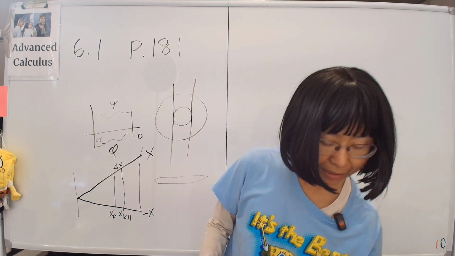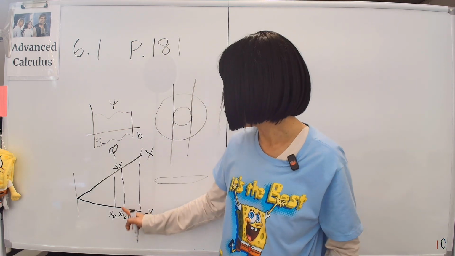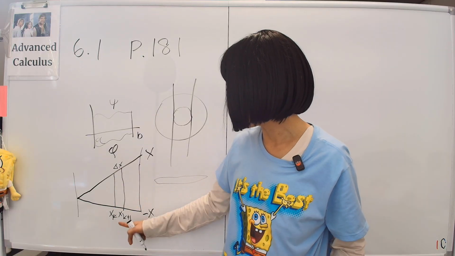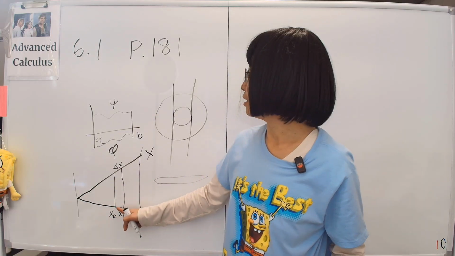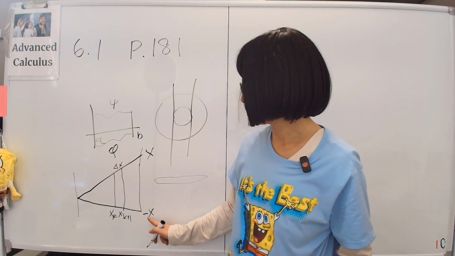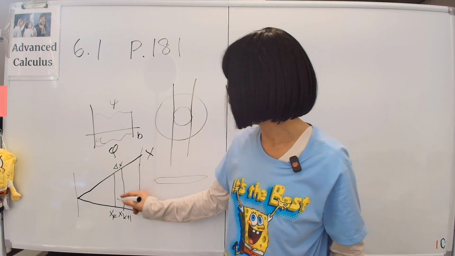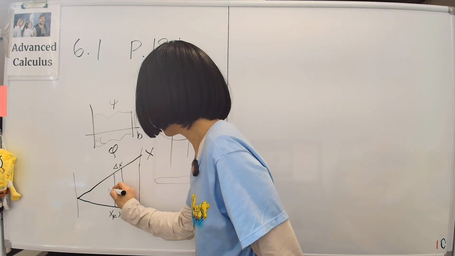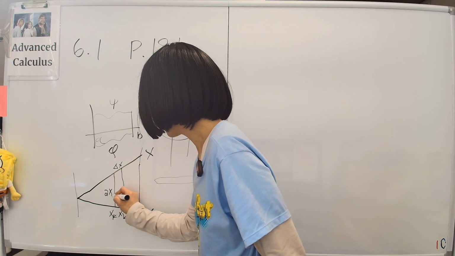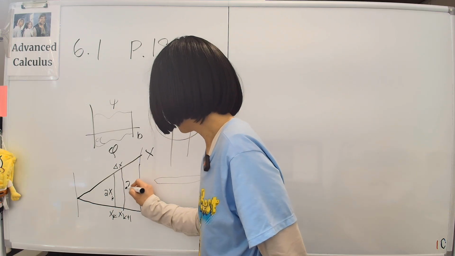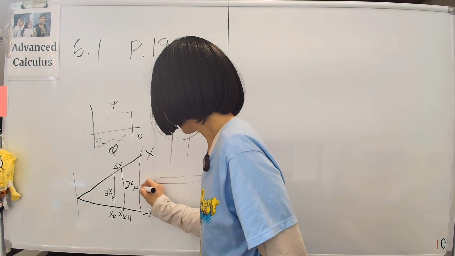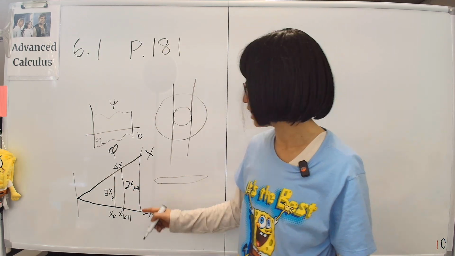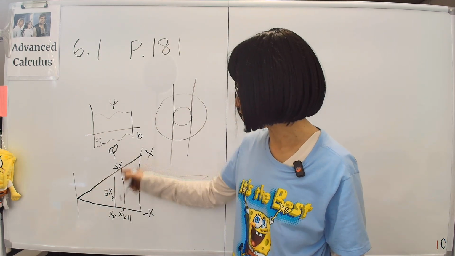What is the vertical length? This is y equal to negative x and y equal to x, so this entire length should be 2xk, and similarly this one is 2xk plus 1. We calculate the area of the trapezoid and multiply it by the function x, since the value is the same.